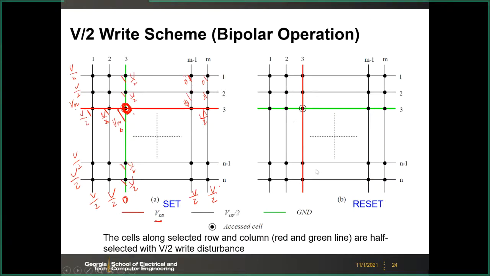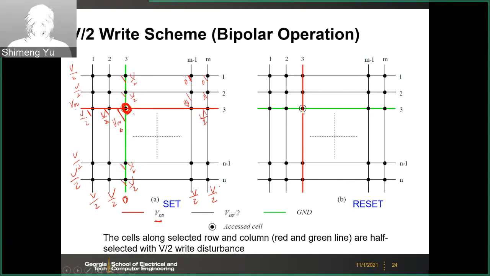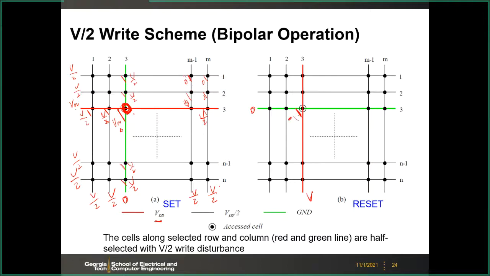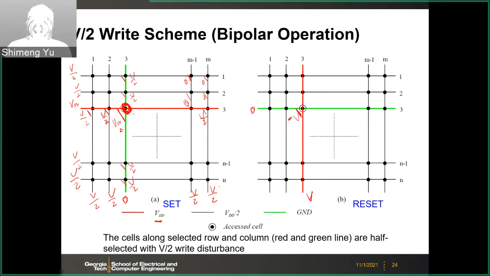If you want to reverse this by reset, you simply flip the selected word line to be 0, this green line, and then the selected bit line to be your write voltage V. This cell will see a negative V. For the bipolar situation, this is what you want.